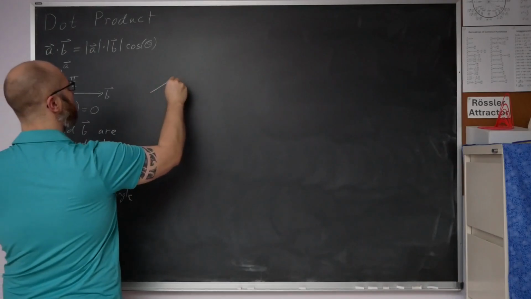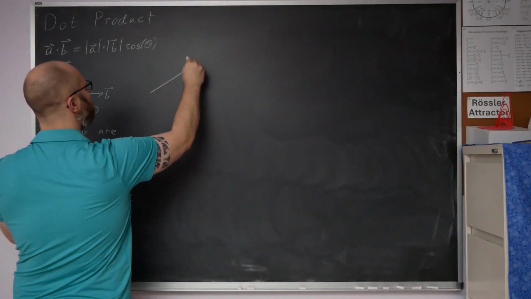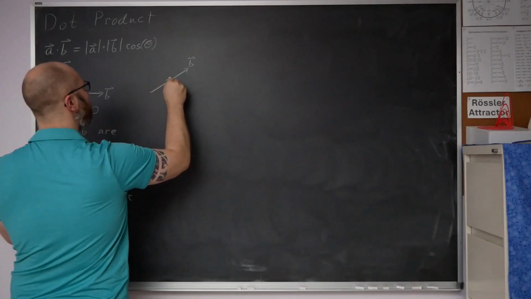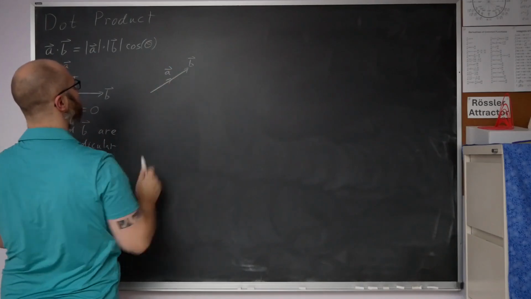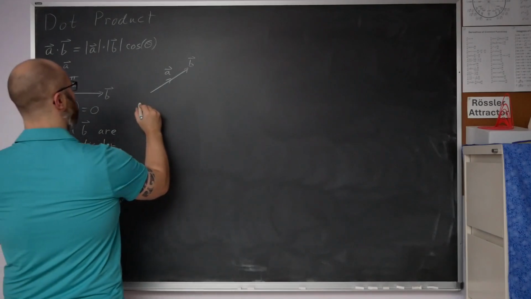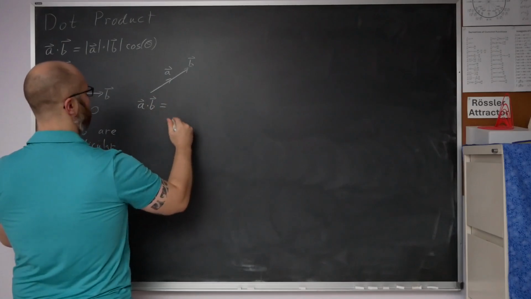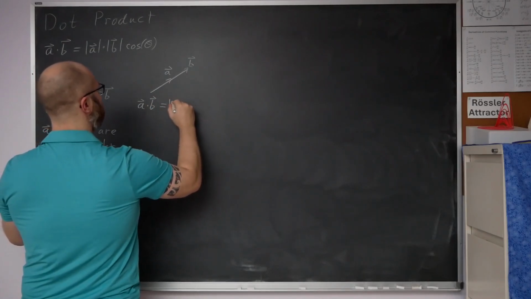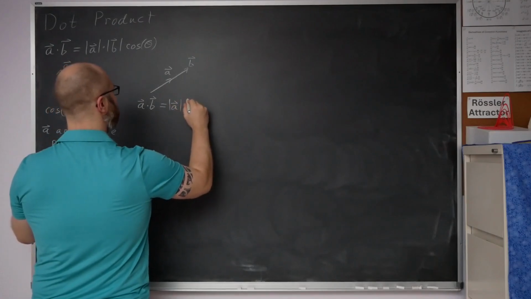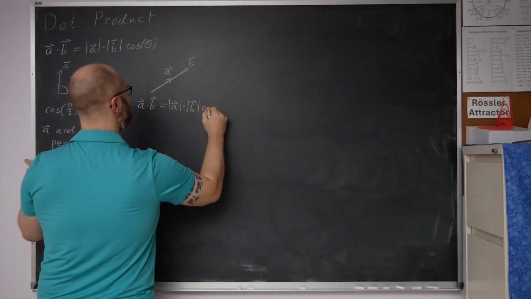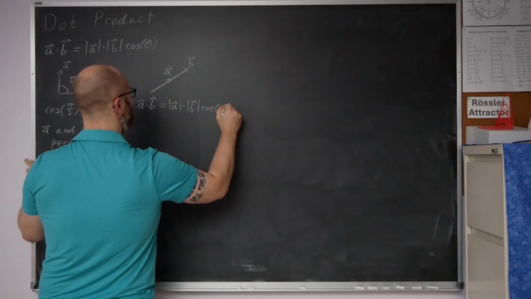So if you have vector B and vector A right on top of each other, then A dot B will equal magnitude of A times magnitude of B times cosine of 0.